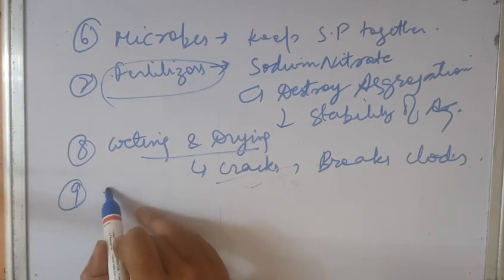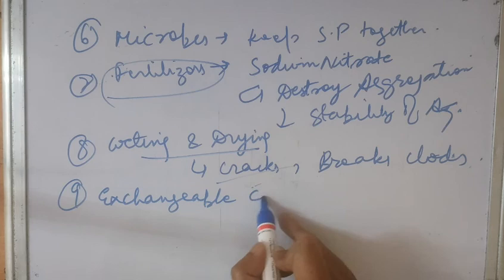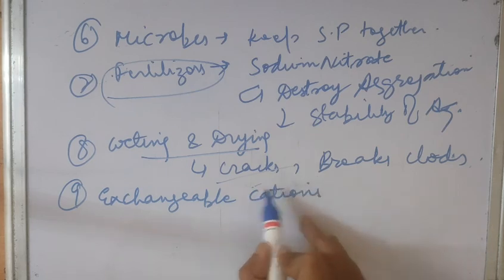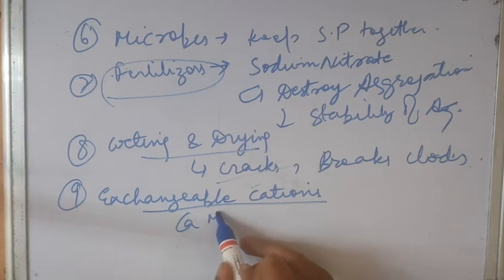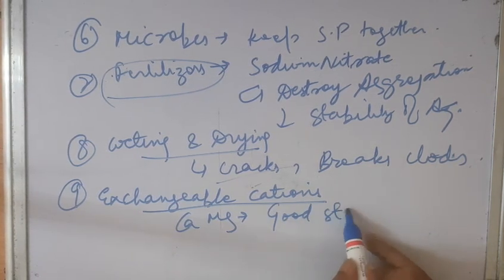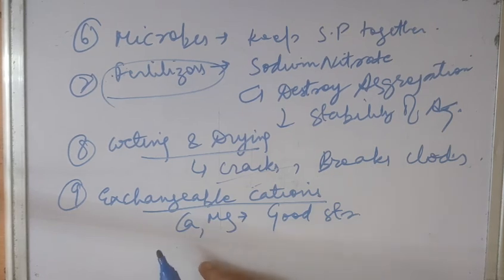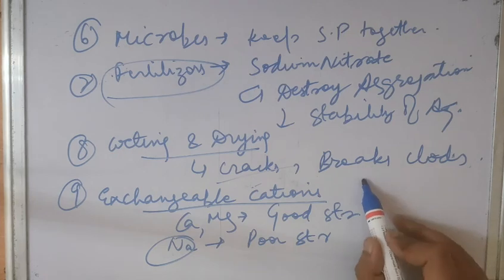We have got exchangeable cations. Example, calcium and magnesium lead to good structure, while sodium leads to poor structure.